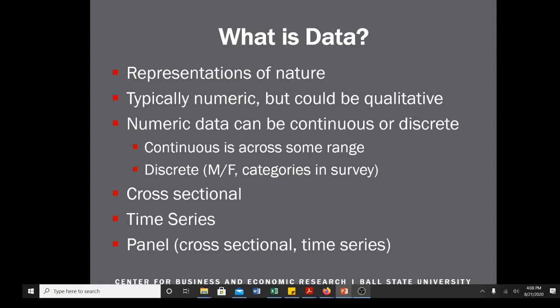And then there's a third type, which is called panel data or cross-sectional time series data, and these track individual units across time. There's also longitudinal data, which is very similar, but the start and end dates could be different. So, for example, panel data might describe the average student GPA at Ball State each year by major for the past 20 years.